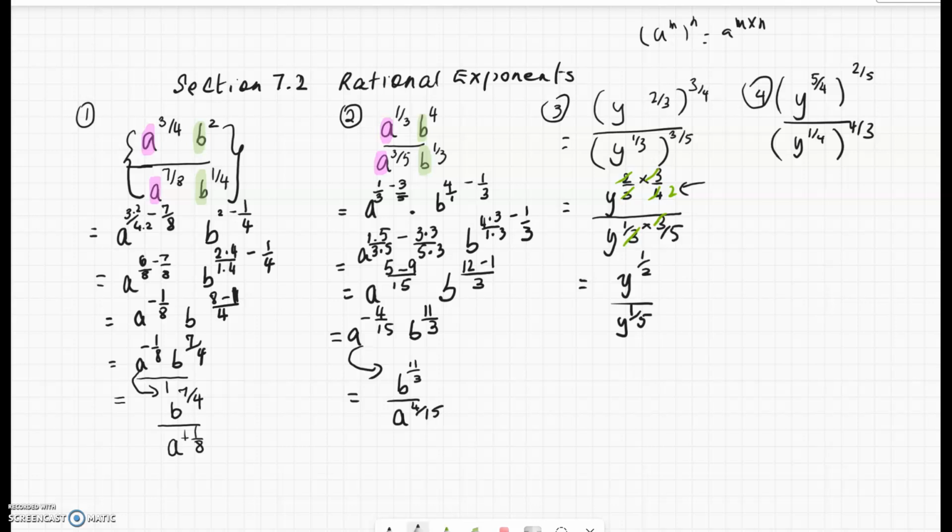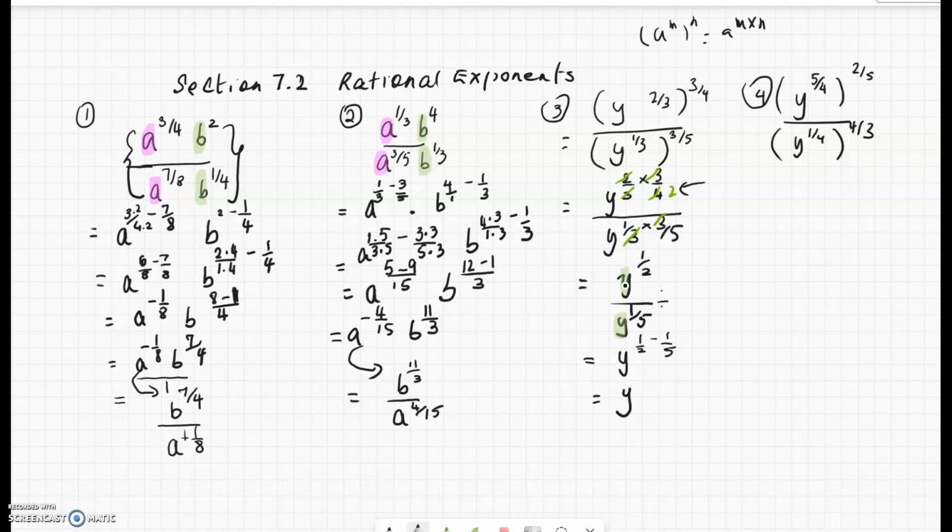So we've simplified the numerator completely, we've simplified the denominator completely, and now we have y to the 1/2 minus 1/5. Remember the subtraction because this is the same base and it's division, so keep the same base and you go 1/2 minus 1/5.